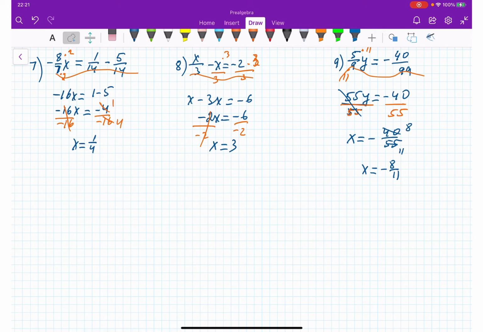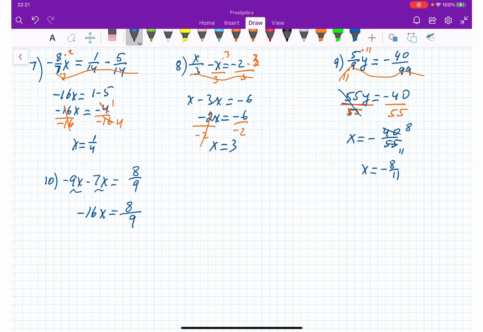Question number 10. Negative 9x minus 7x is equal to 8 over 9. Okay, negative 9x, negative 7x is negative 16x is equal to 8 over 9.